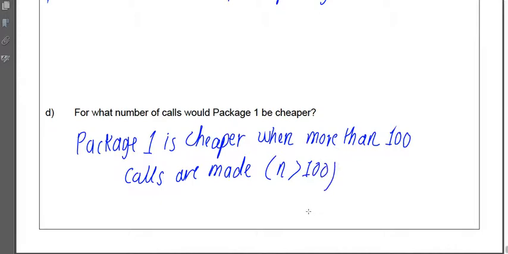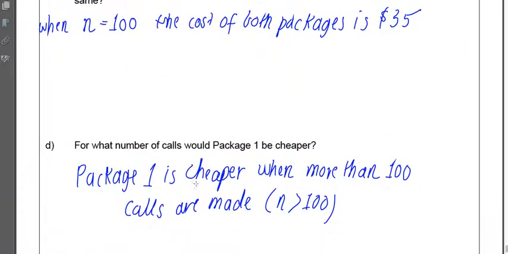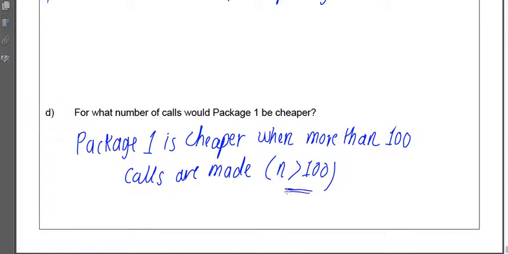So when n is greater than 100, when the number of calls is larger than 100, package 1 is actually going to be cheaper. So despite the fact that you're paying more at the beginning, you're paying $21 as opposed to $7 at the beginning, because you've got a cheaper rate per call, you do get to a point where it is cheaper. And that point is 100 calls, the point of intersection.